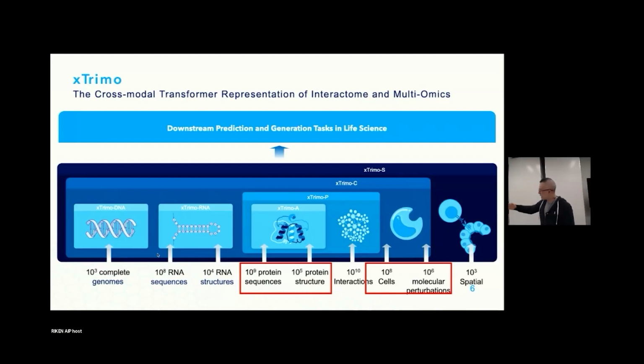So the entire family of transformer models you want to build is crossing different modalities of data. There's DNA data, RNA data, protein data, and single-cell RNA-seq data, reflecting the complexity and the multi-scale nature of this biological system, right?